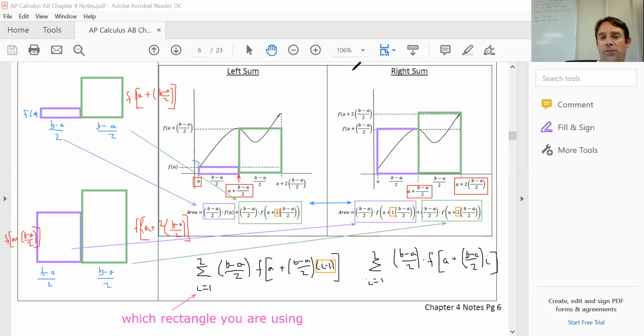So remember, i is just how many partitions, or rectangles, we went over. Notice that's the only difference between a left sum and a right sum. The left sum has the index i minus 1 because you're always one less partition, whereas for the right sum it's i. So we got all kinds of things going on here, right?